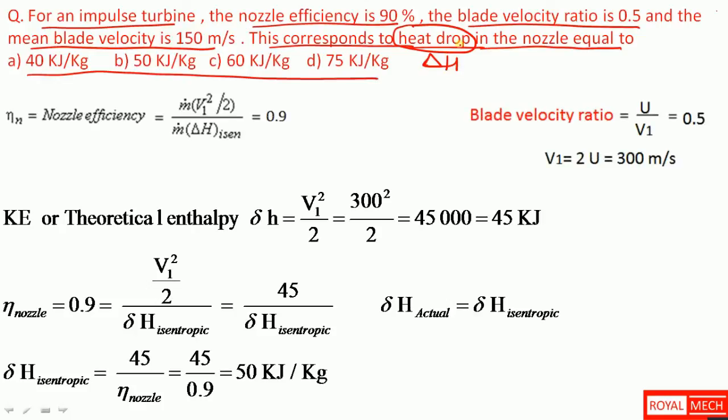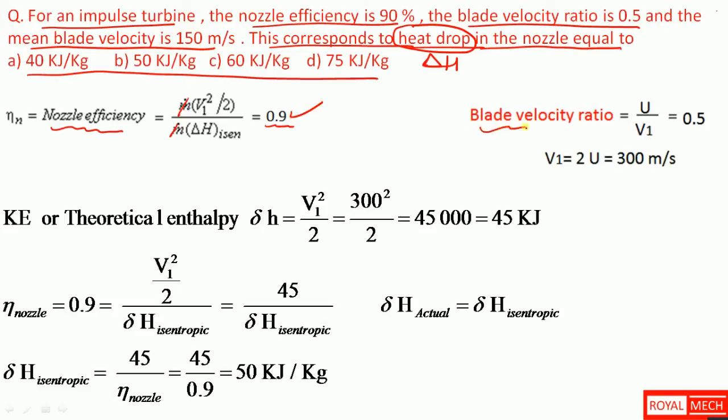So we know the given here are nozzle efficiency is equal to 0.9. So nozzle efficiency we know m dot v1 square by 2 upon m dot delta H isentropic. So here m dot gets cancelled. So that is equal to 0.9.